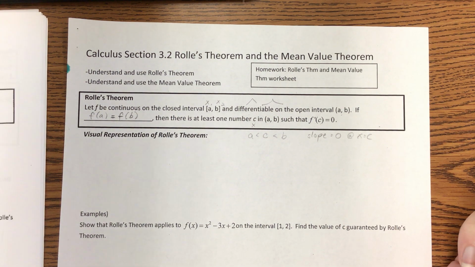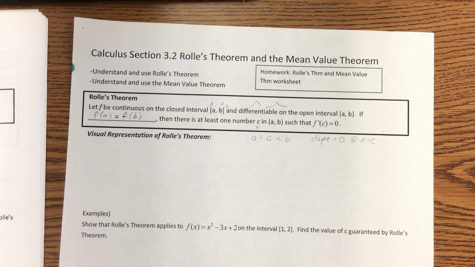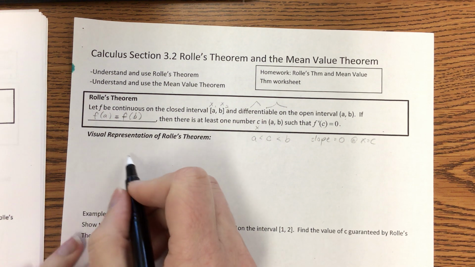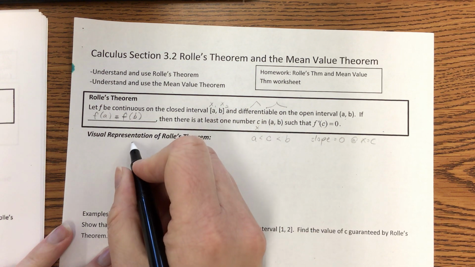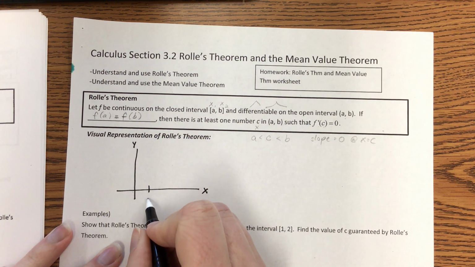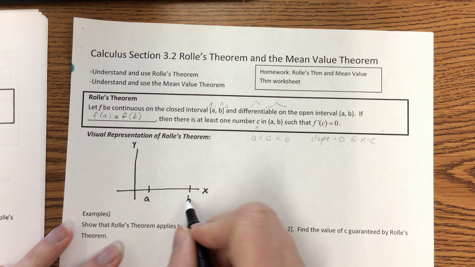All right, let's take a visual representation of Rolle's theorem. So let's draw an xy axis, and let's put a and b on there. Let's put a here and b over here.